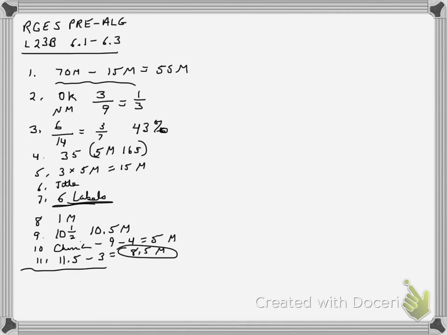So if after 80,000, we're going to move up to 2, 4, 6, 7. So this would be 87. This is number 6. 87,000 miles.